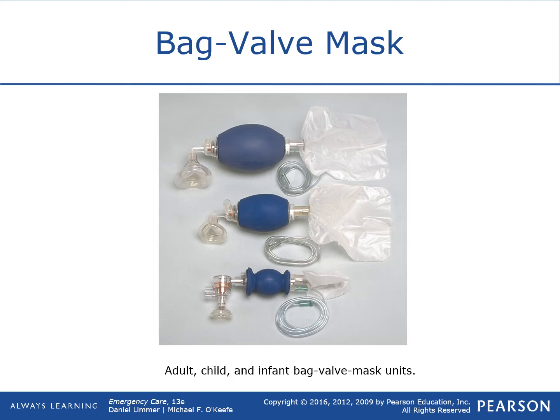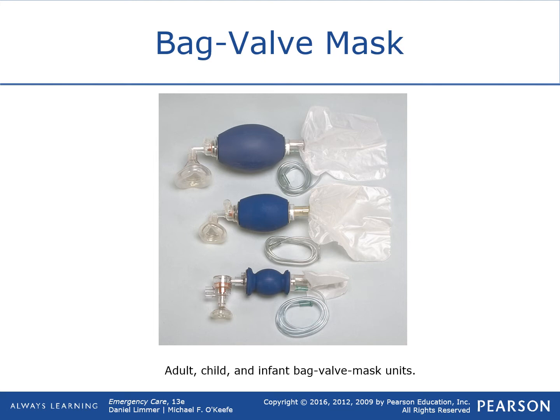Now, overinflation is a big thing that we watch out for. An adult BVM has about 2,000 milliliters, or 2 liters, of space that it contains. A normal adult's tidal volume, what we normally want to breathe at, is about 500 milliliters.